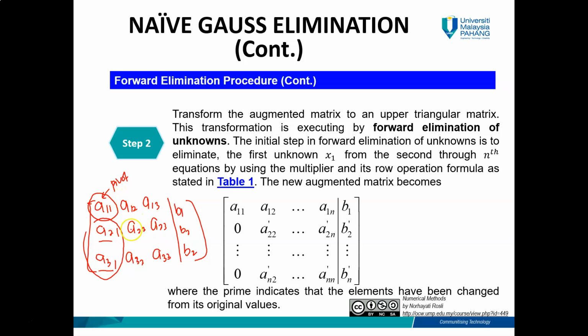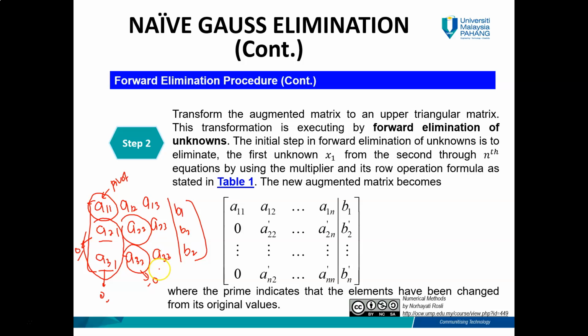And then for the second step, we need to perform forward elimination of unknowns such that the element below this A22 is equal to 0. So now the first one, this one reduced to 0, this one reduced to 0. The second step, this one reduced to 0. When you have a 3 by 3 matrix, it means that now if these are 0, 0, 0, it becomes an upper triangular matrix.